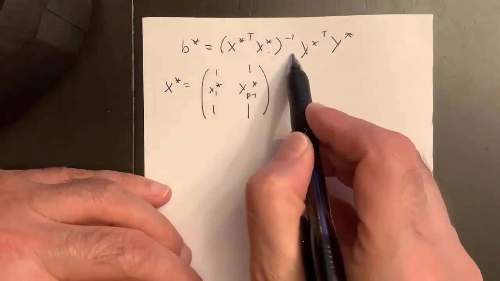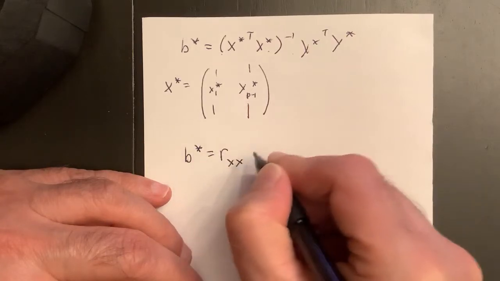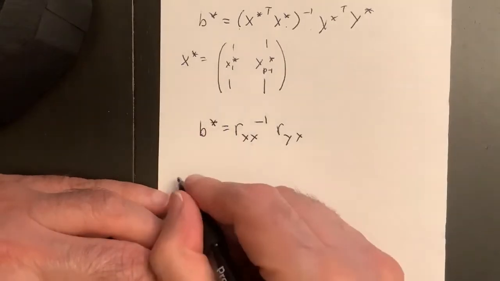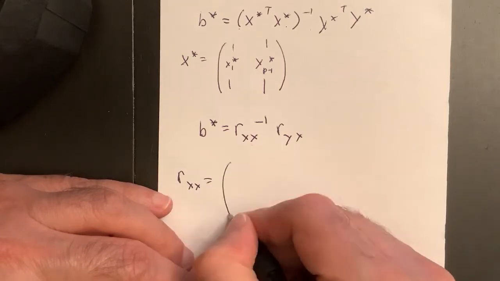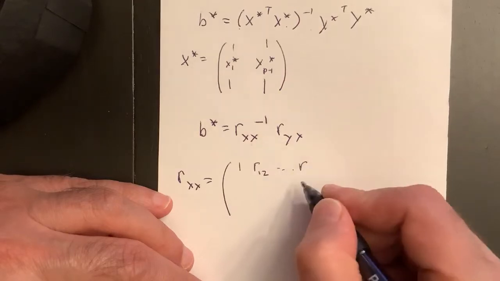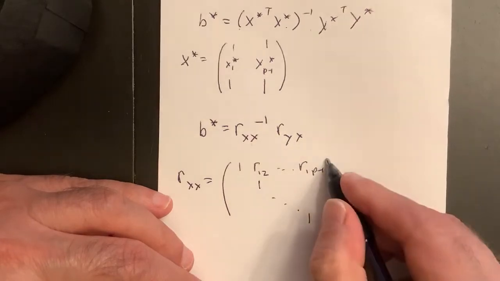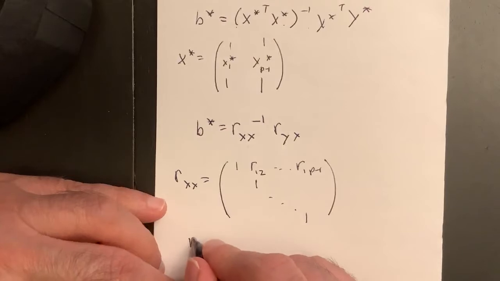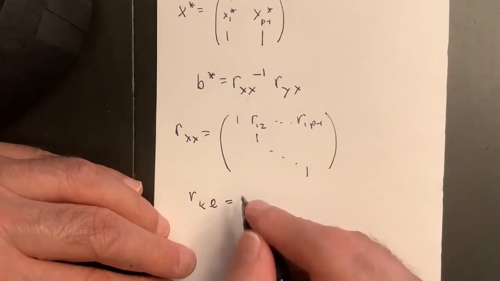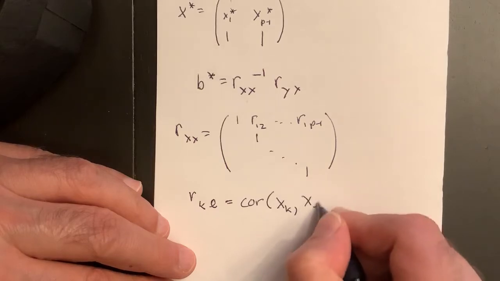So we showed last time that we could also write this as b star equals rxx inverse ryx, where rxx is this correlation matrix for the predictor variables. These are the original predictor variables, where r_kl is equal to the correlation of xk and xl.